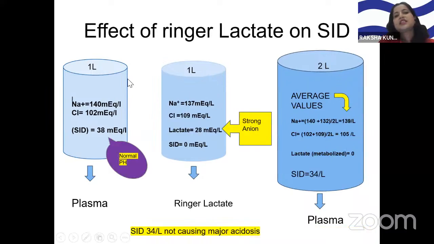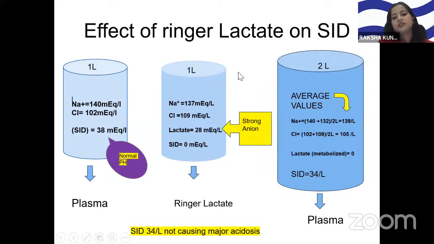Now, let's see this slide where we are giving Ringer lactate. Again, the constitution of plasma will be the same. In Ringer, we have sodium of 137 milliequivalents per liter, chloride of 109 milliequivalents per liter, and lactate, which is a strong anion. So the SID is 0 in the bottle, in vitro.